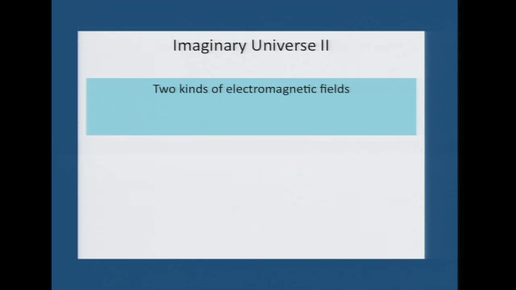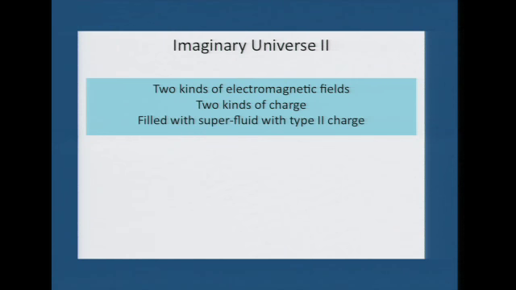Now I want you to think about another imaginary universe. In the second imaginary universe, I want you to imagine that there are two kinds of electromagnetic fields and two kinds of charge. I'll just call them type 1 and type 2. I could call them regular and unleaded. It doesn't really matter. There's two kinds of electric fields and two kinds of charge. It's just an imaginary universe.